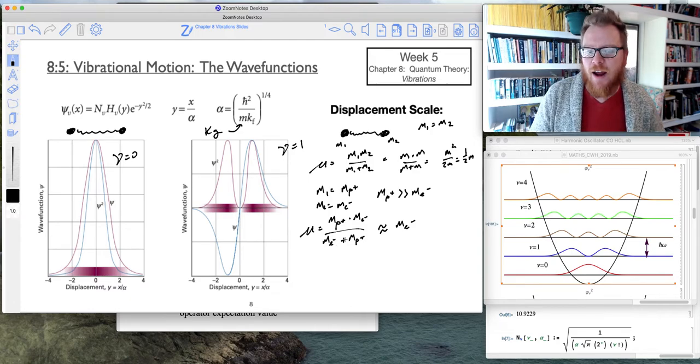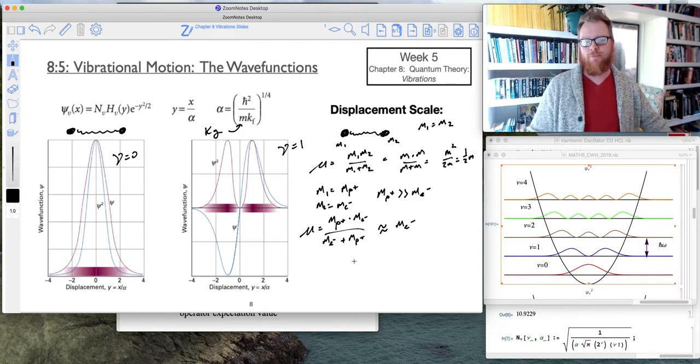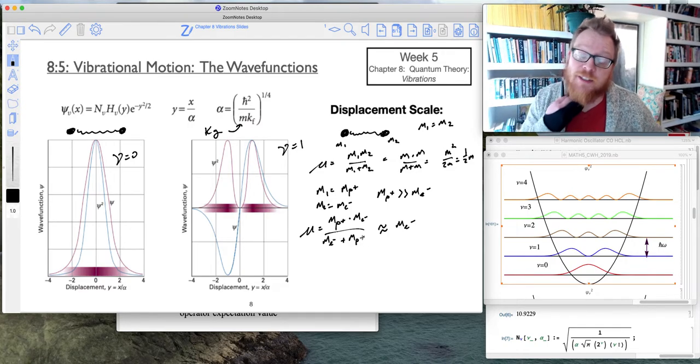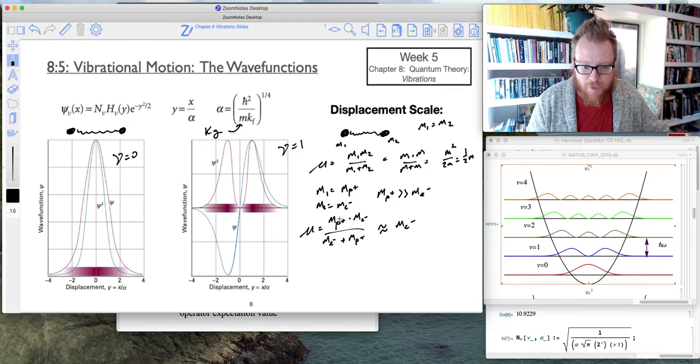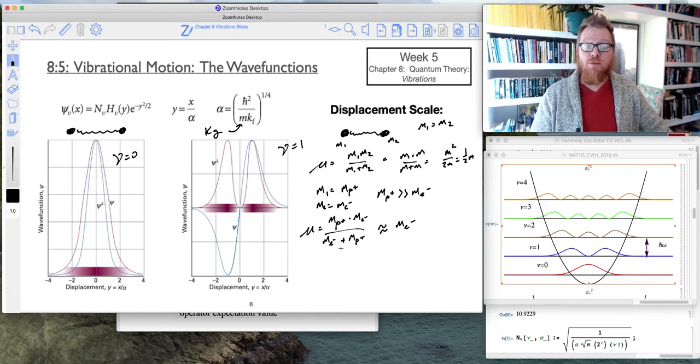It barely changes the number, okay? And so because the mass of an electron plus the mass of a proton is basically just equal to the mass of the proton, the mass of the proton and the mass of the proton cancel, and you just have an object that's only the mass of an electron.